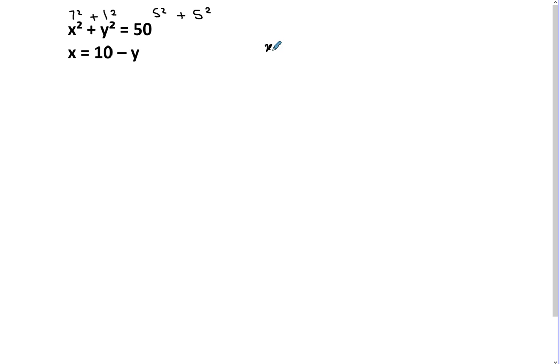So let's go for x squared. So we're going to substitute it in there. And you've got 10 minus y times 10 minus y. And when you expand it out, you're going to get y squared minus 20y plus 100.